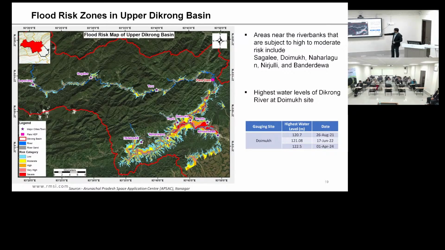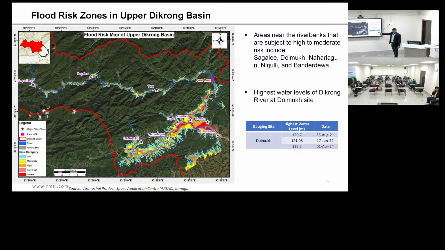If you see Doimukh, a CWC gauge site has also been established. Regarding the highest flood level, HFL, that Saurabh mentioned this morning: on 26th August 2021 it was 120.7.